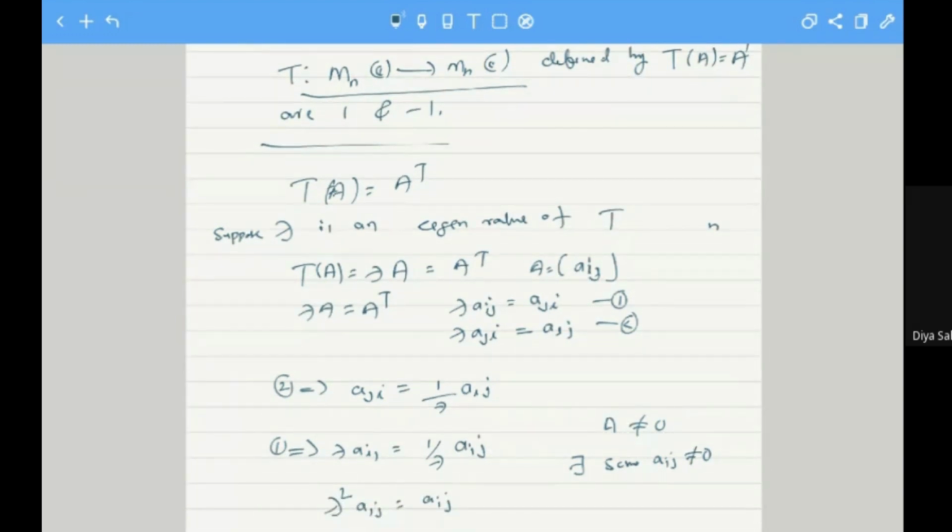To find lambda, we are taking A transpose equal to lambda A, and the only possibilities for lambda are 1 and minus 1. So if I try to find the eigenvectors, they are only symmetric and skew symmetric matrices. Exactly. For lambda equal to 1, A equals A transpose, that means a symmetric matrix. Lambda equal to minus 1 means A transpose equals minus A, a skew symmetric matrix. Yes, you're correct.